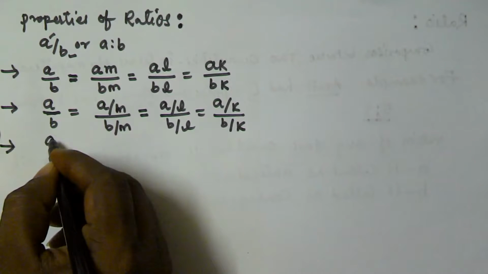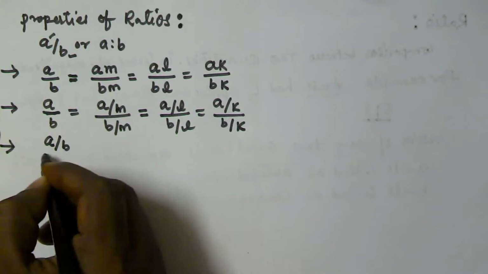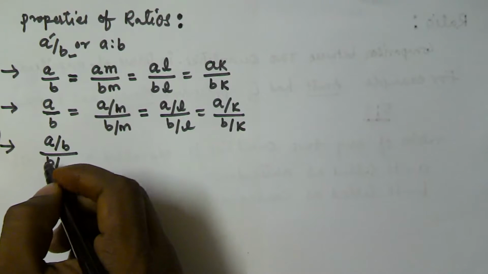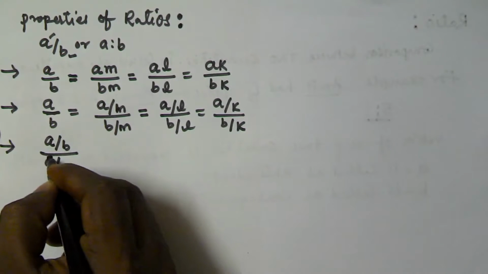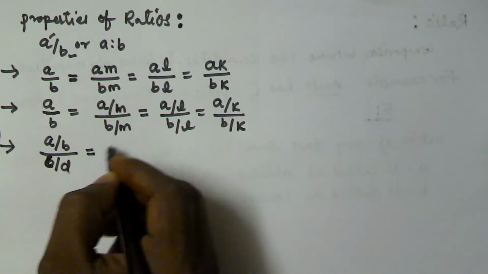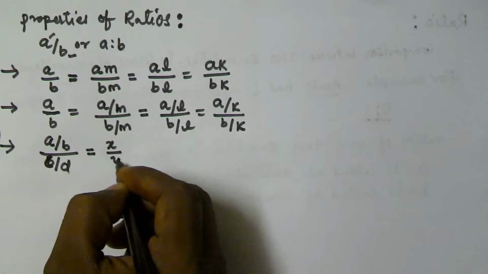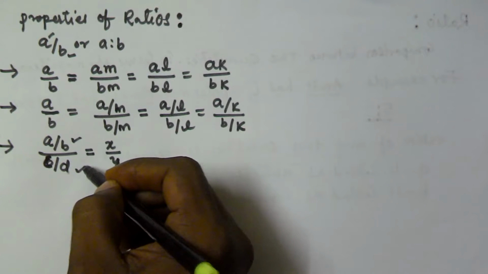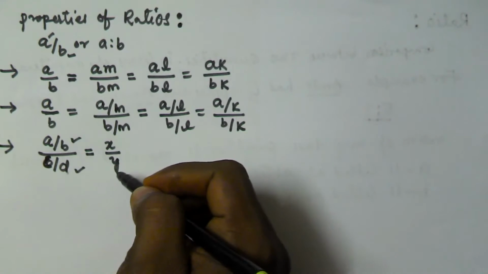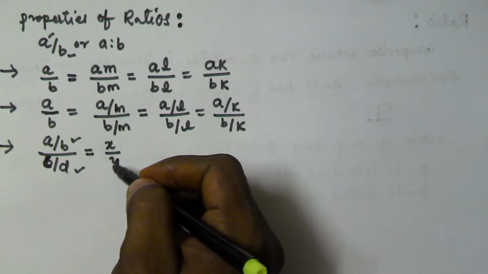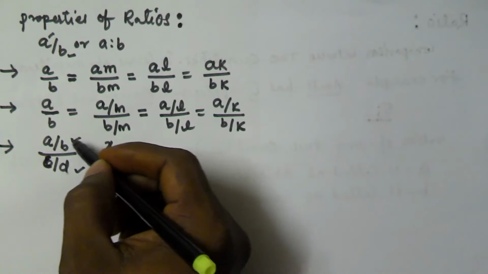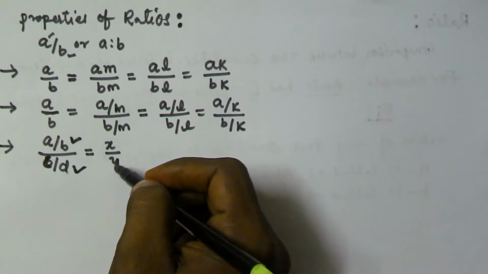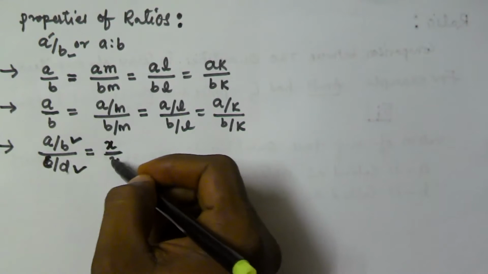For example, we have two ratios, A by B and C by D, and this can be expressed like X by Y. So the ratio of two fractions, or the ratio of two ratios, can be expressed in terms of the ratio of integers X comma Y.